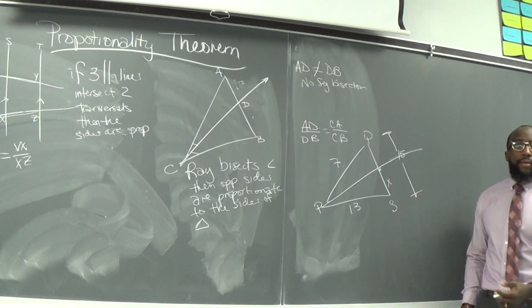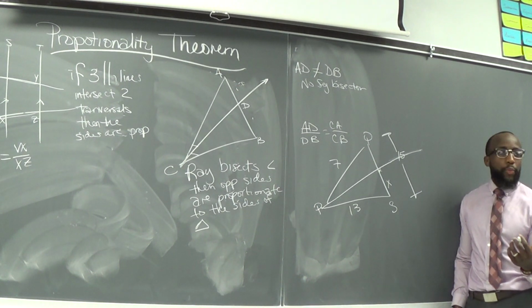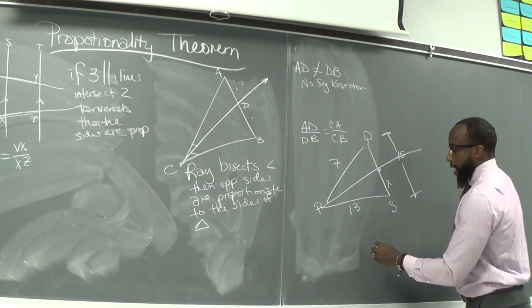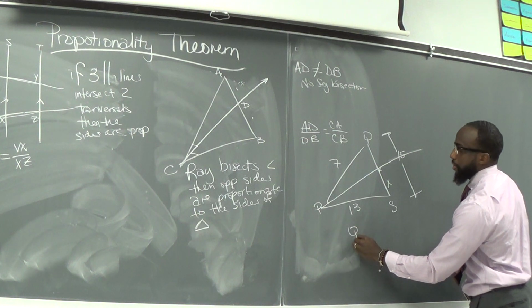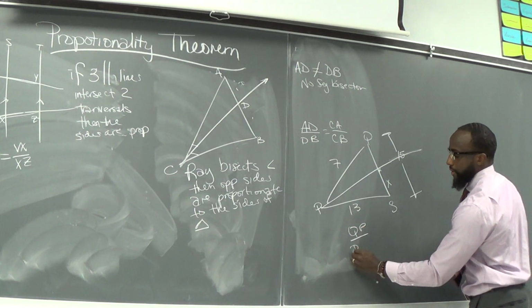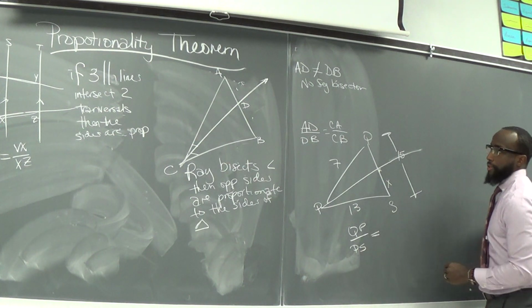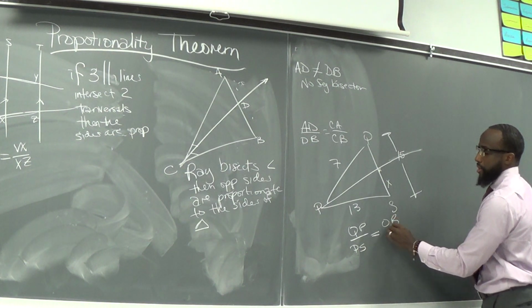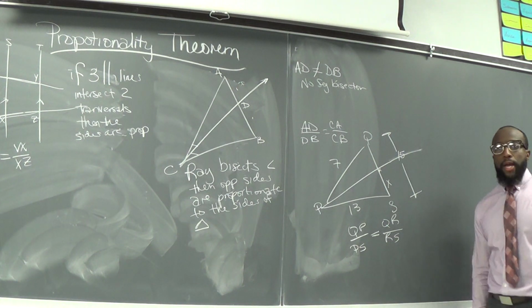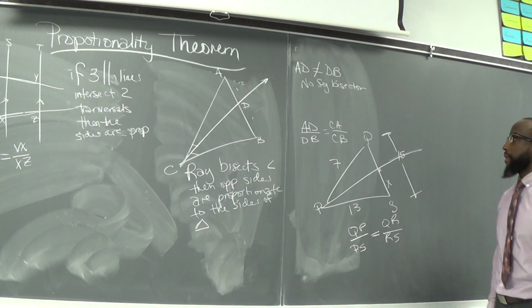Alright, it's 15. What's our proportion based on the segments? QP over PS equals QR over RS. Let's put some numbers there.